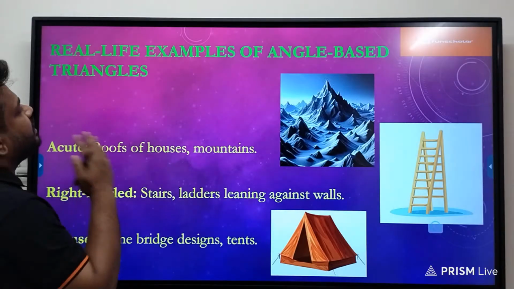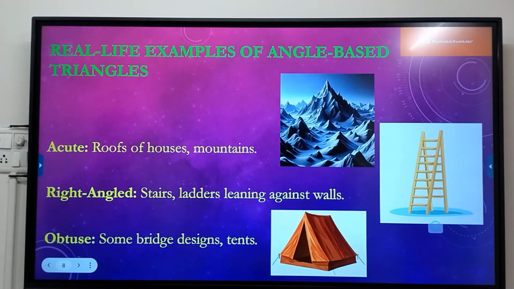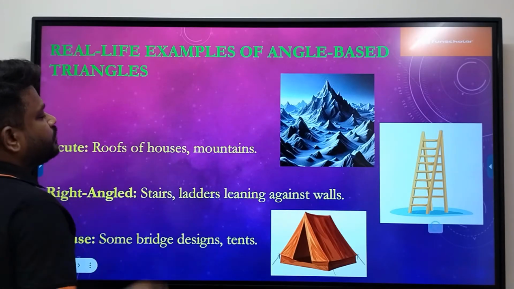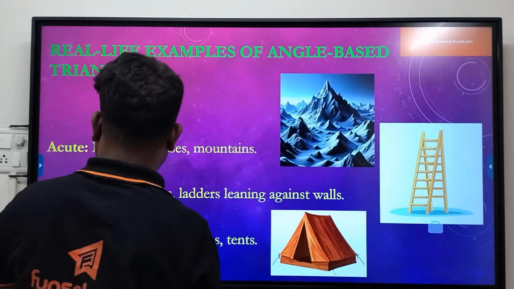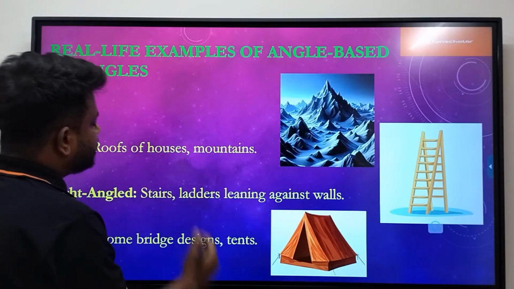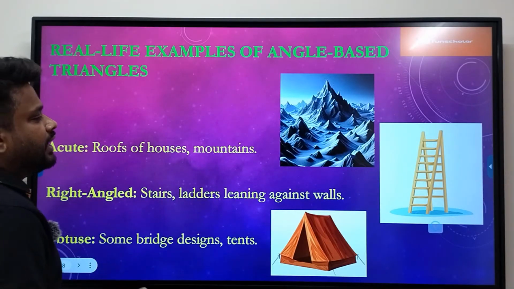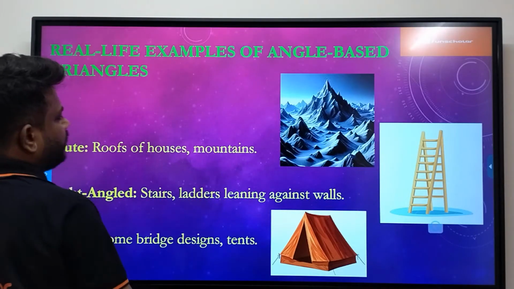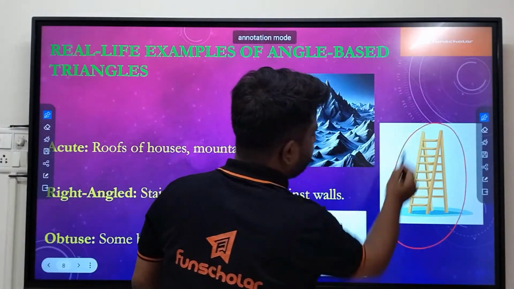There are some real life examples of angle based triangles. Acute angle triangles are roofs of houses, mountains, etc. Right angle triangles are stairs and ladders leaning against the wall. That means ladders are the perfect example of a right angle triangle in our real life.